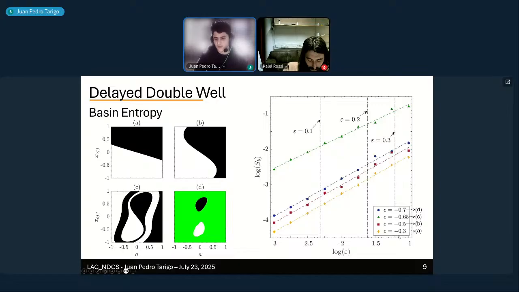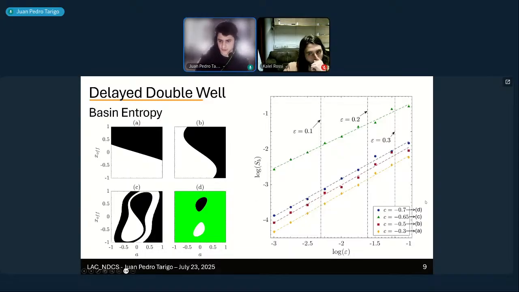As we can see, we changed the parameter C, which is the intensity of the system, not the delay parameter. All of these points are before the Hopf bifurcation, and we can see Bayesian entropy increases as we approach the bifurcation.